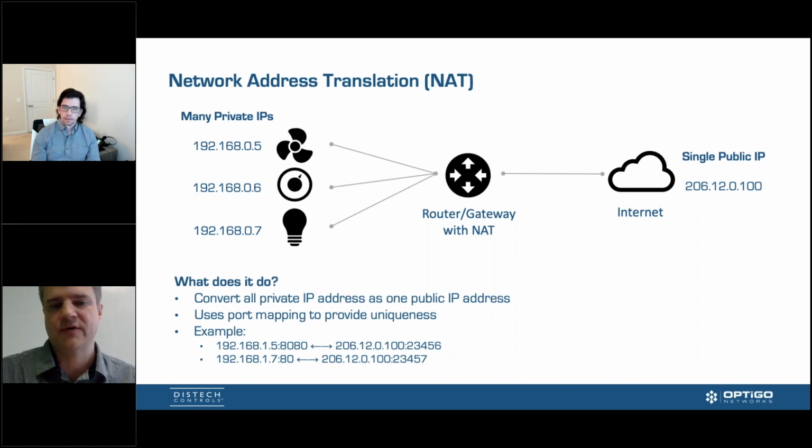And then whenever traffic goes through that router, it will basically convert that and change it. And also on the way back as well. So if anything's on the way back and its destination is 206.12.0.100 and port 23456, it knows to send that to a specific destination.